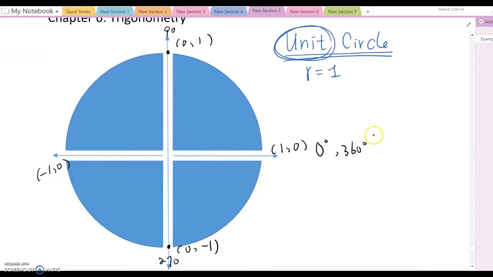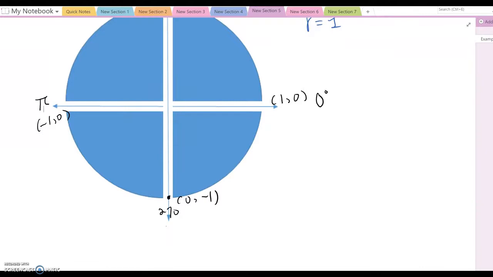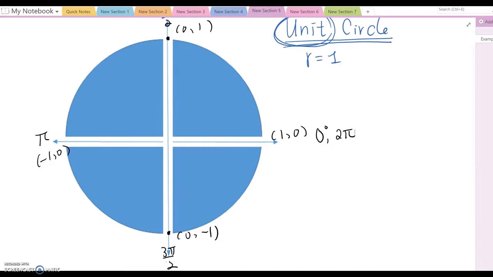So this is still 0, and the 90 becomes pi over 2, and 180 becomes pi, and this is 3 pi over 2, and then there is also 2 pi here. So the full cycle is usually said to be 2 pi, and then half of that is pi here.